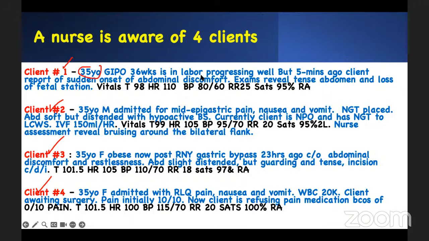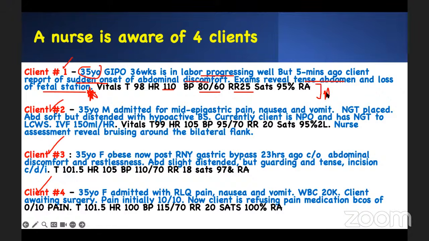35 is in labor. All of a sudden, there's a buzzword. Sudden onset of abdominal discomfort, tense abdomen, loss of fetal station. Your answer choice is here. Patient is tachycardic, hypotensive, respiratory is going up.